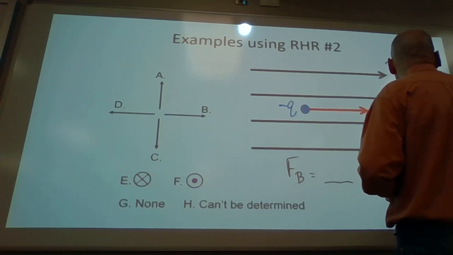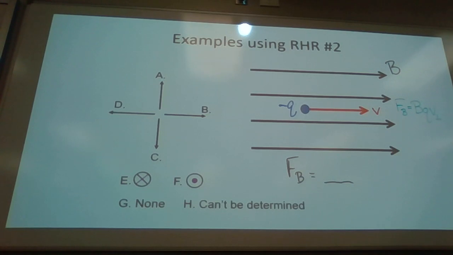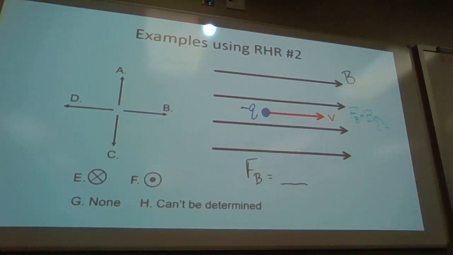Do you remember this equation from the video? Specifically, that there needs to be some component, some part of velocity that is perpendicular to the magnetic field.